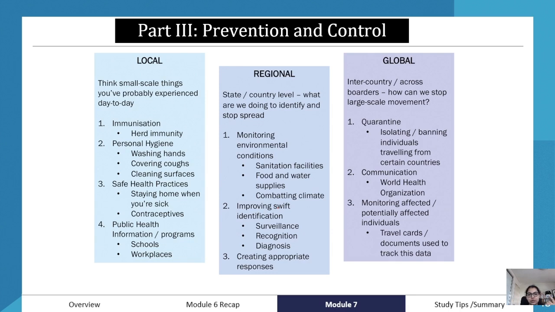Then we've got regional, state, and country level. What are we doing to stop the spread of the infection? Again, monitoring environmental conditions, like sanitation facilities, food and water supplies, combating climate. With things like, for example, malaria, right?